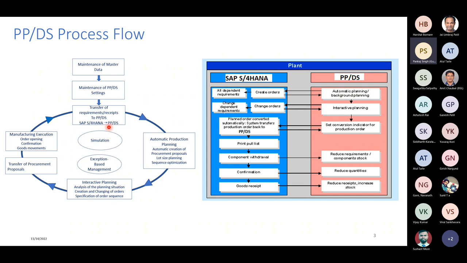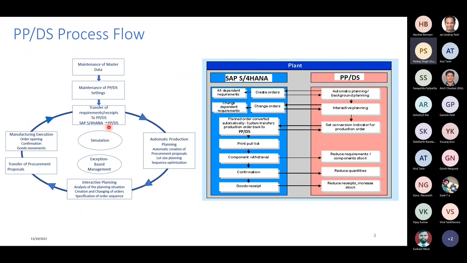But in order to run PPDS within S4HANA, we still need the live cache to be installed. These are some technical things which our basis consultants will do. But as a PPDS consultant, we still need to understand that there is an interaction between the S4 database and the PPDS database, and the PPDS database has live cache. That's the different memory within S4HANA that PPDS uses.